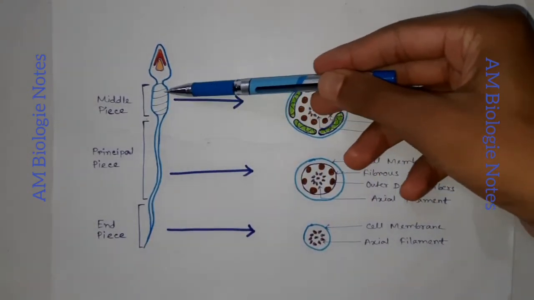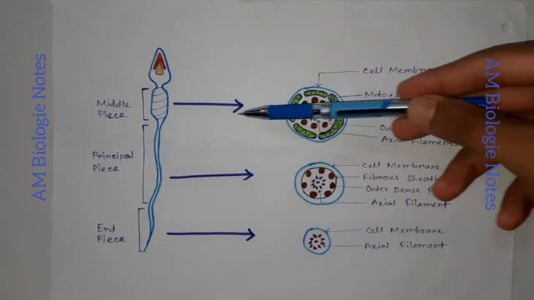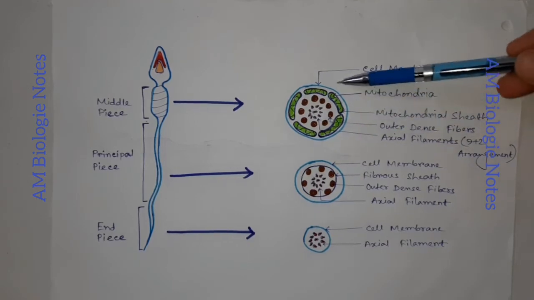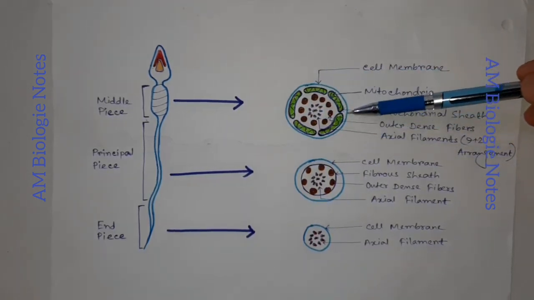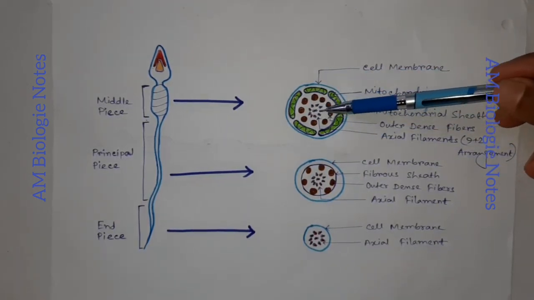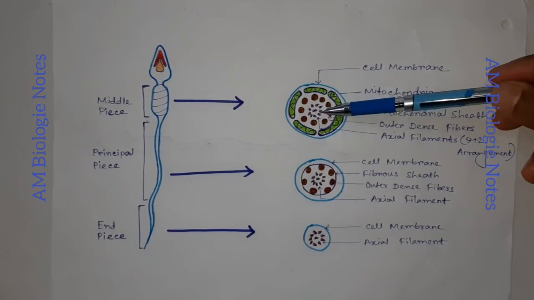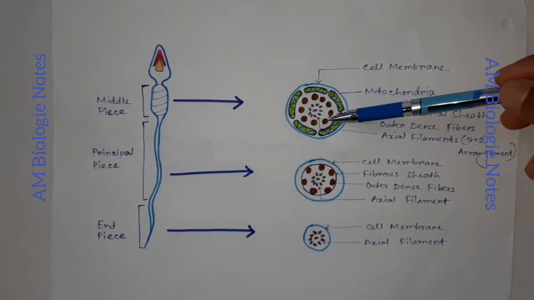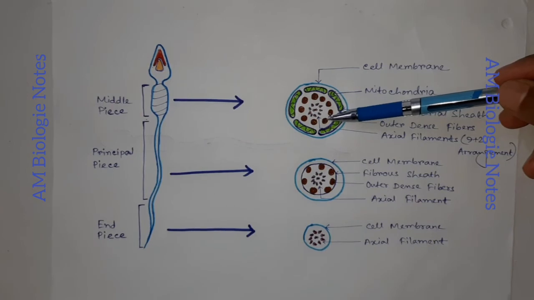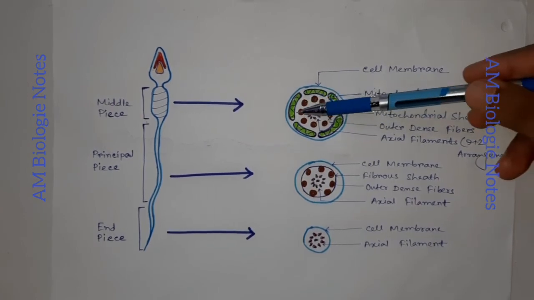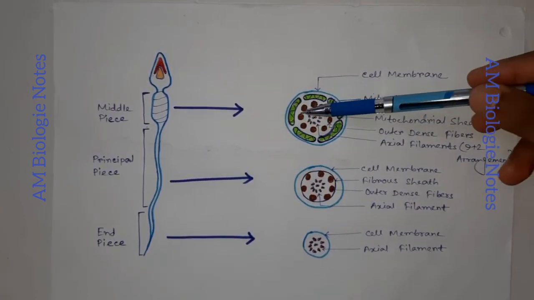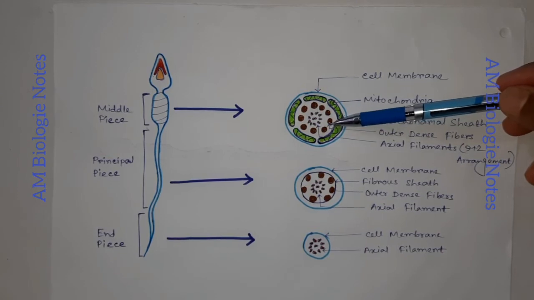Suppose you make a cross section at the middle piece, you will find such a structure. These are the 9+2 arrangement of microtubules. The 9+2 arrangement of microtubules is surrounded by a layer of outer dense fibers.